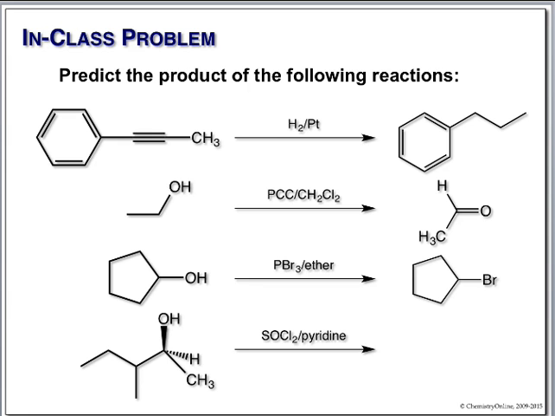You must show the OH going to chlorine, and you must show the inversion of this stereochemistry. Something like this would work fine. We've simply swapped two of our groups. Of course, that represents an inversion.